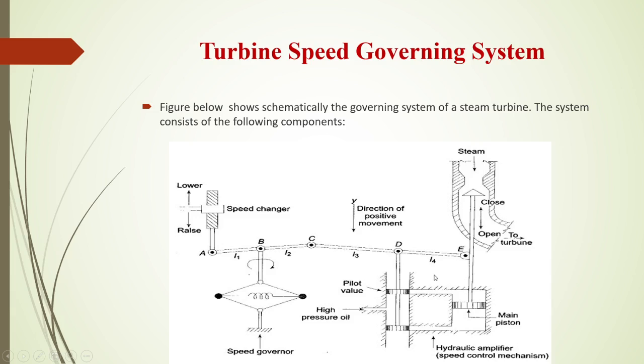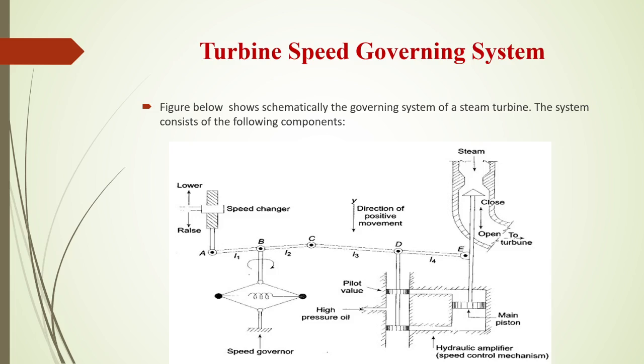Then is the speed changer. The speed changer will provide the steady state power output setting for the turbine. Whenever it is moving downwards, the upper pilot valve will be opened, so that more steam will go into the turbine under steady conditions.